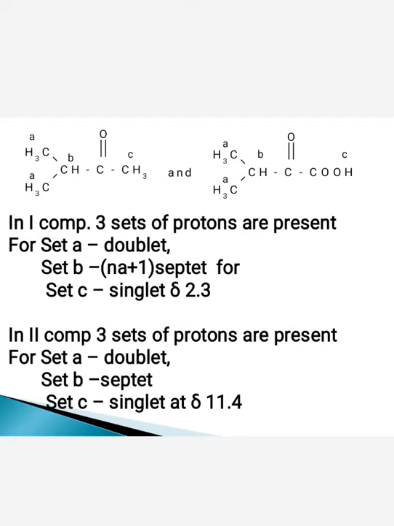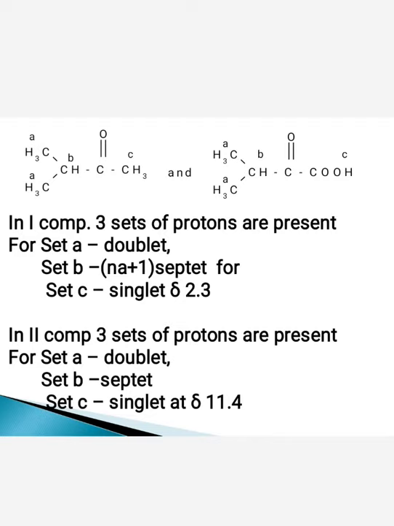In the second compound, for A set of protons we get a doublet, for B set a septet, and for C set a singlet. The interesting thing is that for both compounds we get the same multiplets. For A doublet, for B septet, and for C singlet. Then how can we distinguish both the compounds?